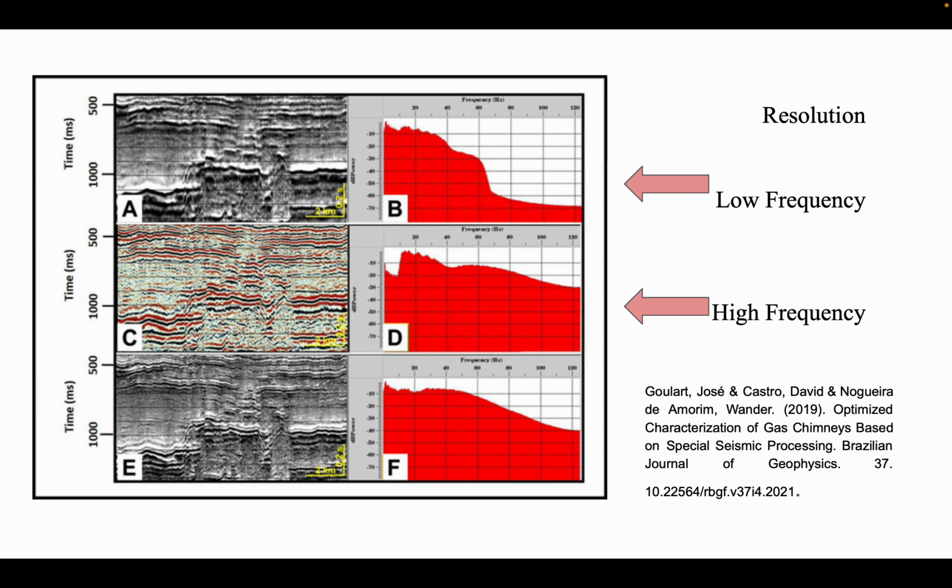To understand this, we can see in this diagram that this top image on the left side shows the seismic section, and the right side shows the amplitude spectrum. This axis is talking about the energy or power, and this is talking about the frequency in hertz. In the seismic section, this scale talks about the time in milliseconds, and this is basically the reflectivities or the amplitudes.